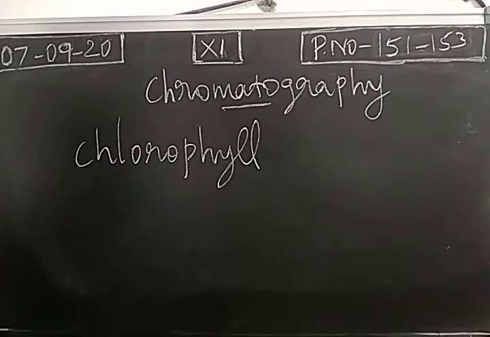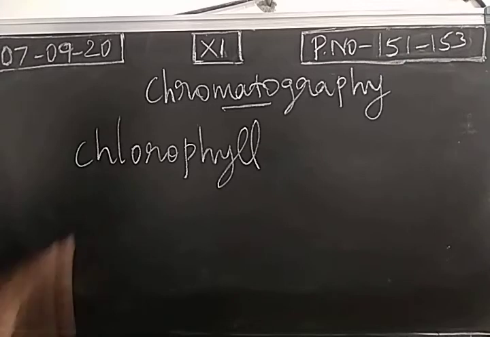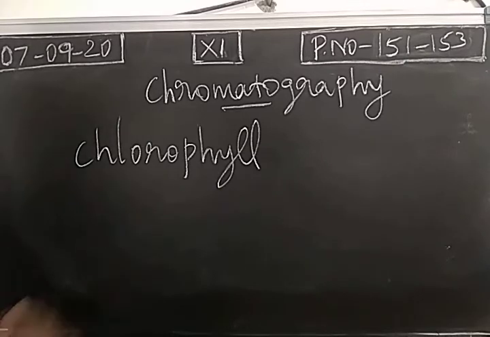Then we developed different chromatographic techniques. What he did is, he took chlorophyll from the plants, then he prepared a petroleum ether solution. The chlorophyll pigments were added to petroleum ether, so he got a petroleum ether solution.